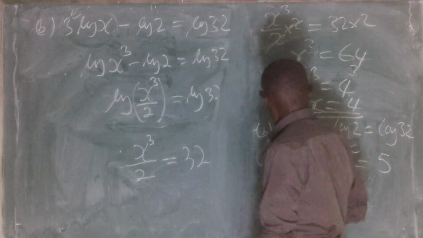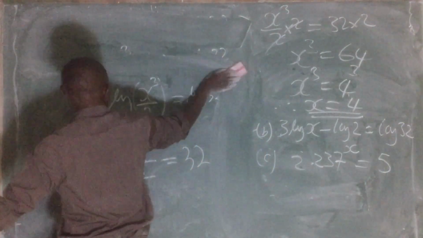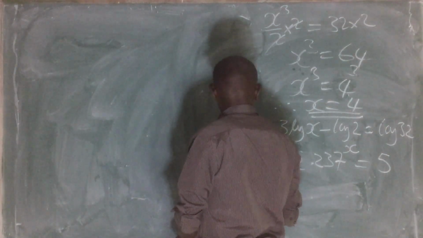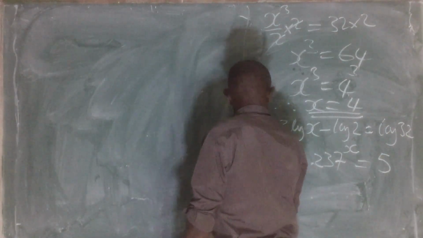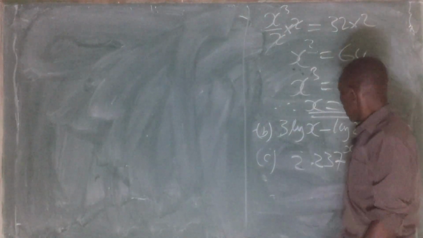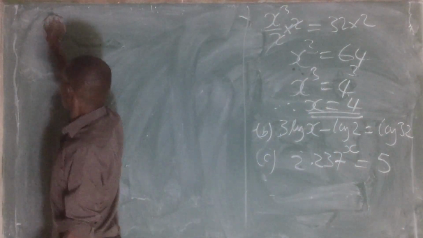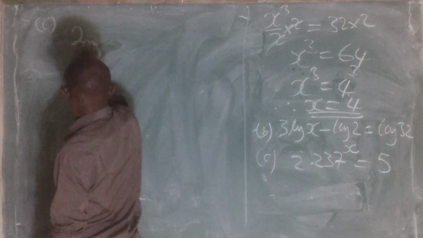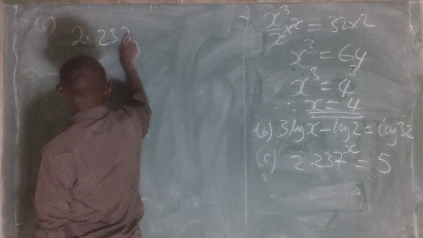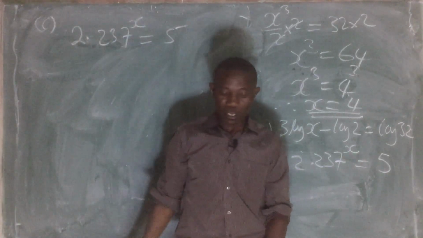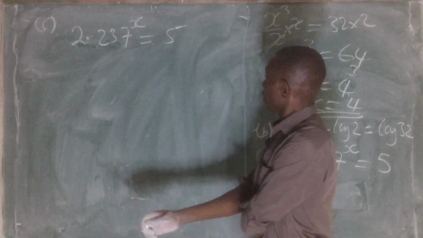Right. Now, what about the last one? What knowledge should we have in relation to the last problem here? Is everything that we've discussed in A and B going to hold water here? Let's see. For C, we have 2.237 to the power x is equal to 5. It's an exponential equation as such.